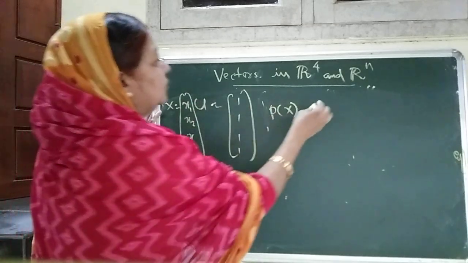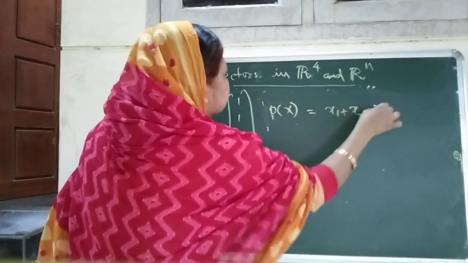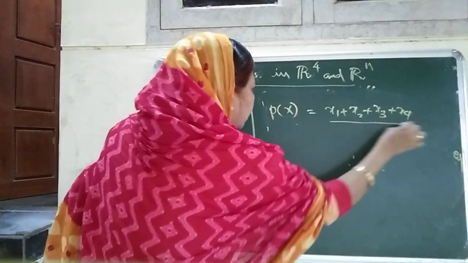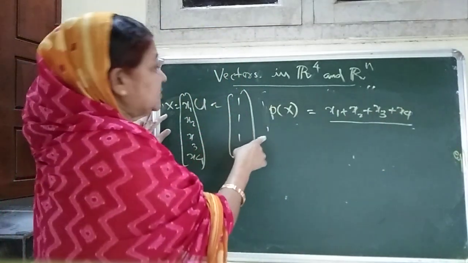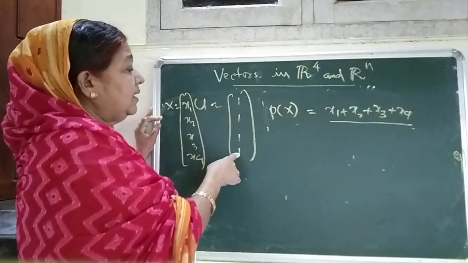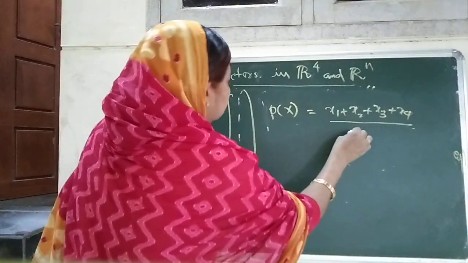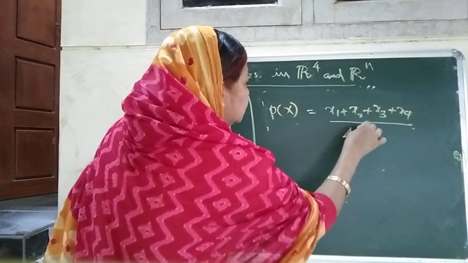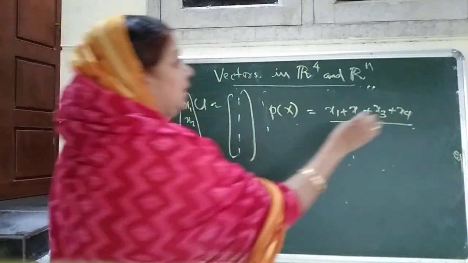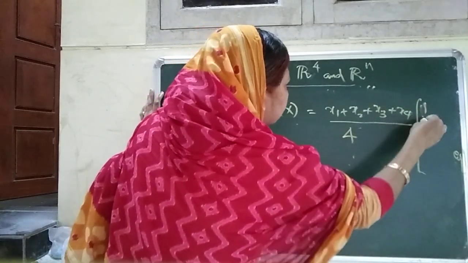Therefore x dot u equals x1 into 1 plus x2 into 1 plus x3 into 1 plus x4 into 1, divided by modulus of u squared. Modulus of u is the root of 1 squared plus 1 squared plus 1 squared plus 1 squared, that is root 4, so modulus of u squared is 4, and u is 1, 1, 1, 1.